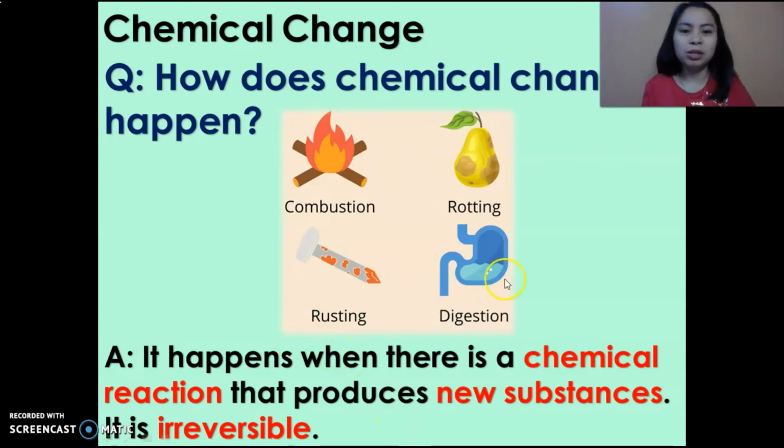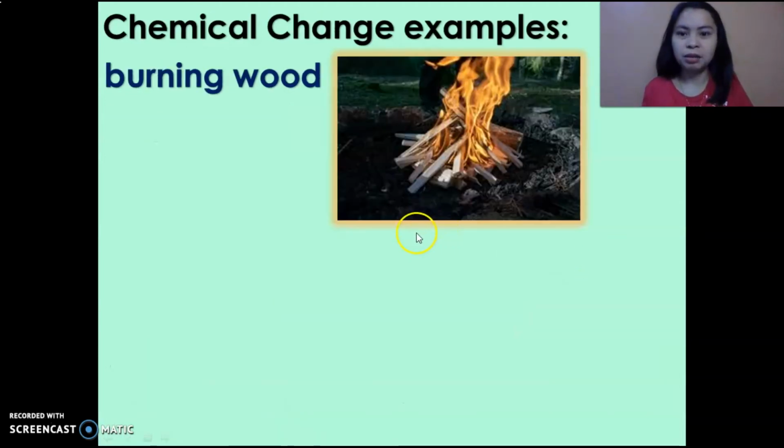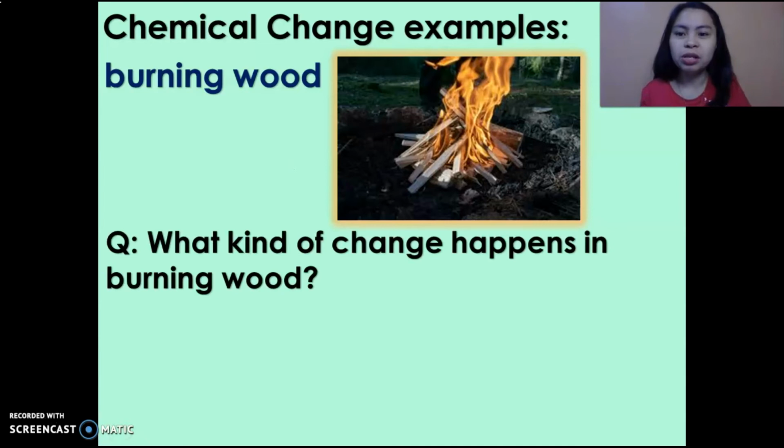Okay, so let's have more examples of chemical change. Okay, we have burning wood. Burning wood. So the question, what kind of change happens in burning wood? So is there a chemical reaction there? Yes, with fire, right? And then after that, it will produce a new substance.